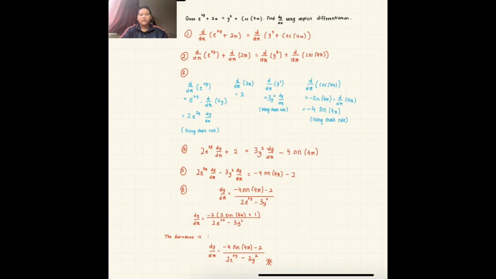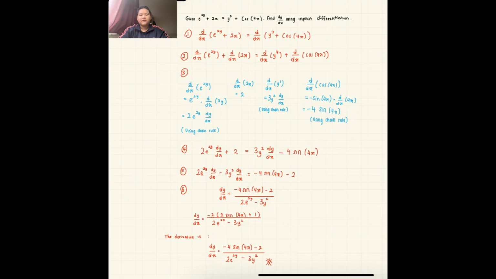Derivative of y^3 using the chain rule, d/dx y^3 equals 3y^2 dy/dx. The derivative of cos 4x using the chain rule, d/dx cos 4x, you will get negative sine 4x multiplied by d/dx 4x, so you will get negative 4 sine 4x.